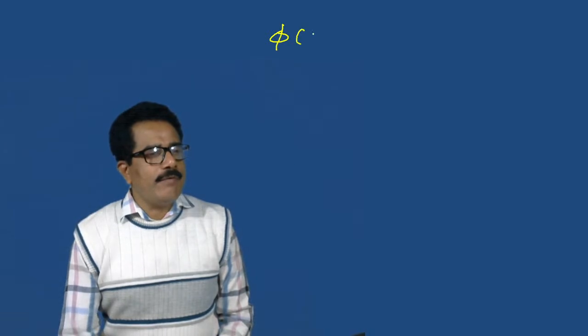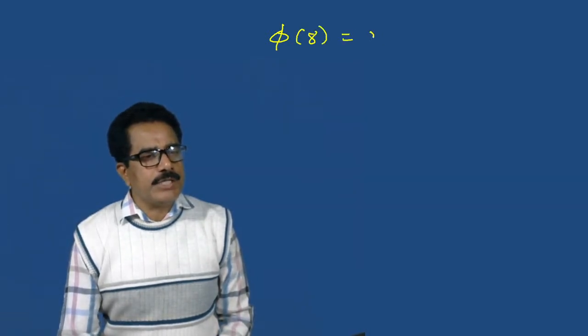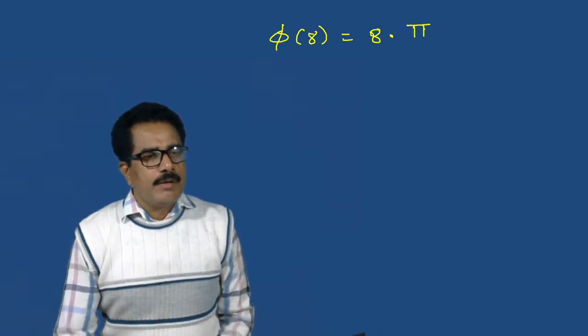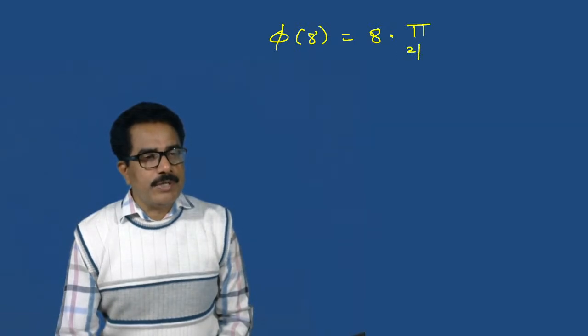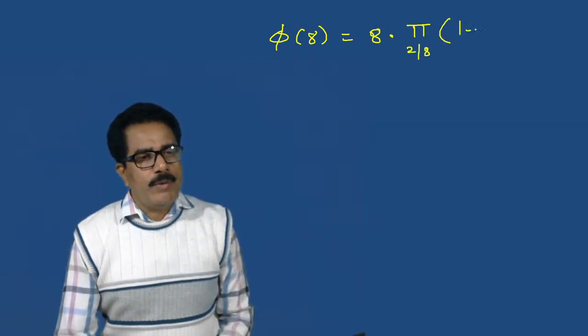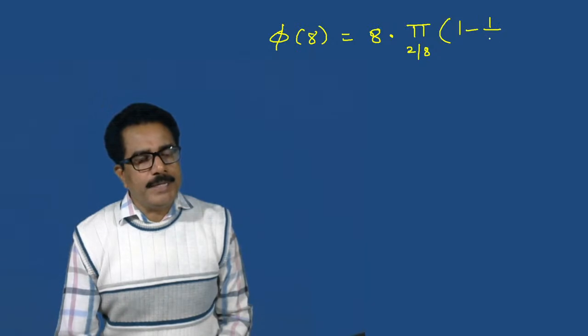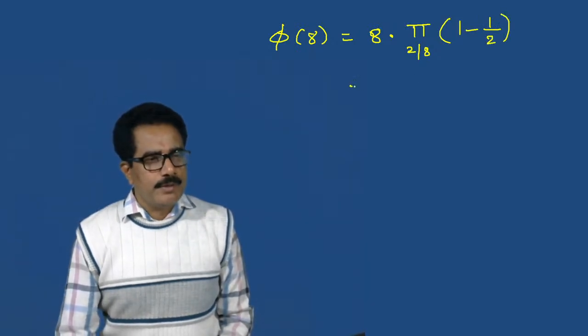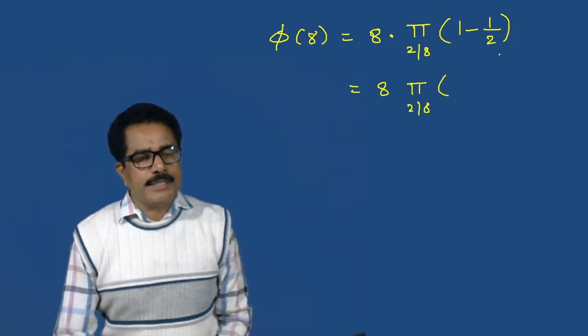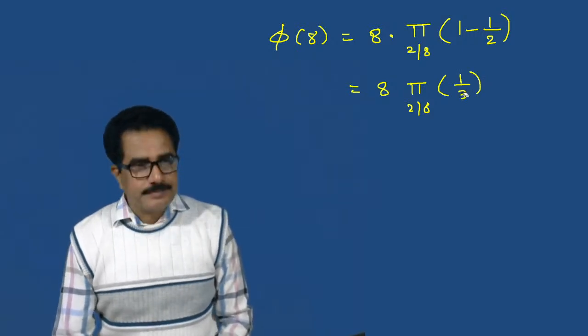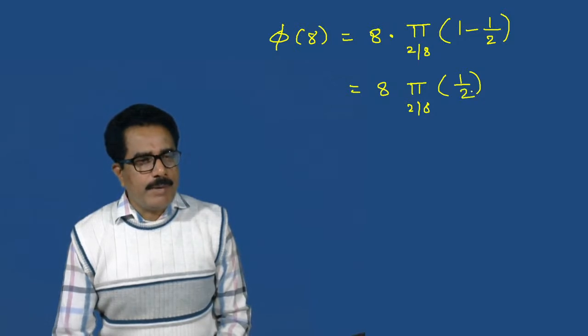So phi of 8 is equal to n, write the value 8, into pi of p divides n, means 2 divides 8, 1 minus 1 upon p, p is 2, so 8 pi of 2 divides 8, in a bracket how much comes, 1 by 2.